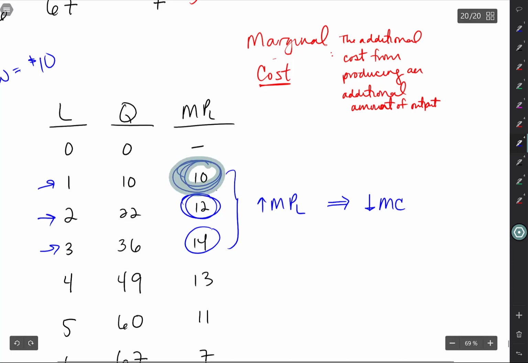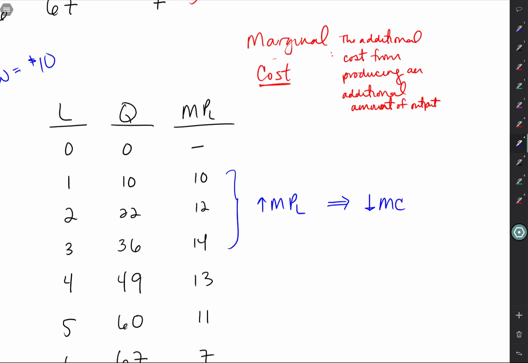Okay. And so when the production function exhibits increasing marginal product, it's the same thing as saying that marginal costs of production are actually going down. It's getting cheaper and cheaper to produce at the margin. Right? The costs at the margin are dropping.